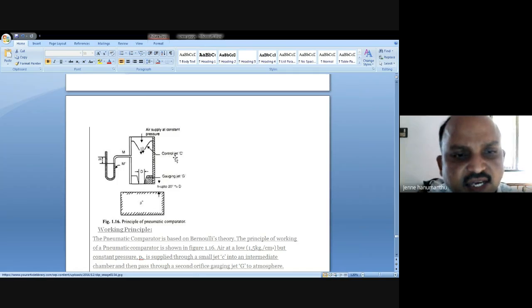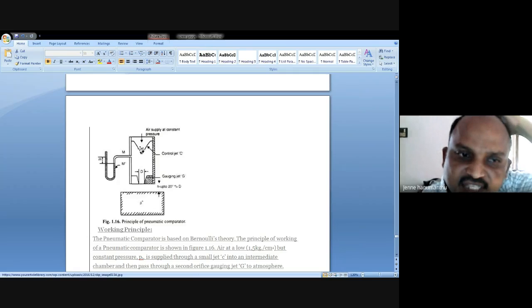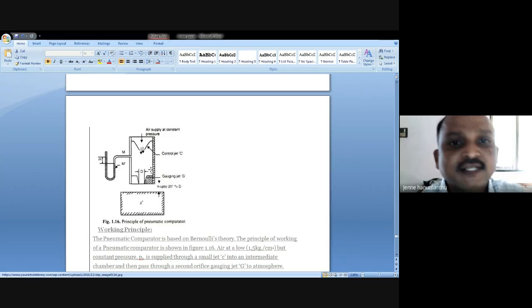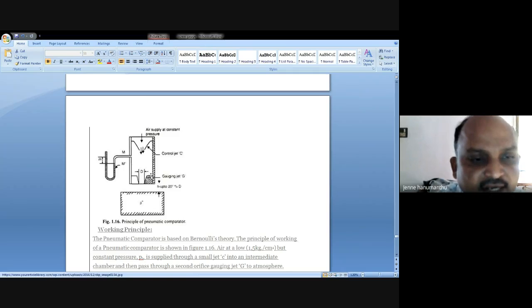It is the control jet C. When air is supplied through that opening, called the control jet C, constant air is supplied into the chamber.